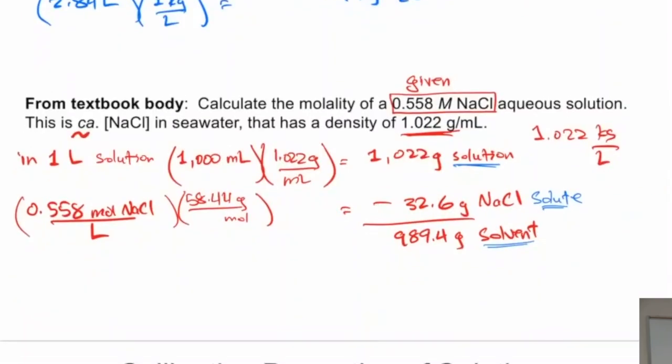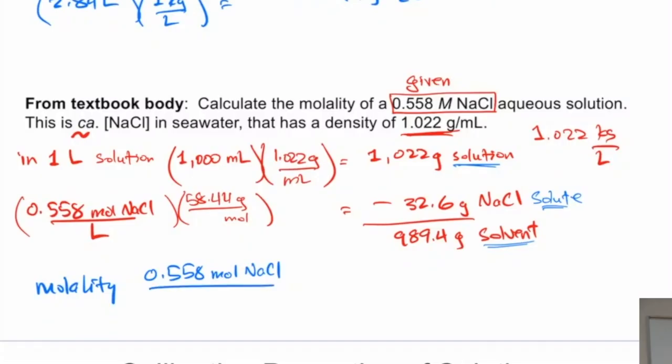Okay, now we can finally get to the molality. Because molality is the moles of the solute. So in 1 liter, we have 0.558 moles of NaCl.